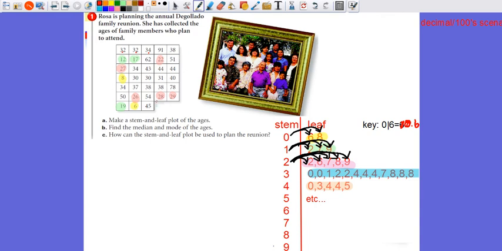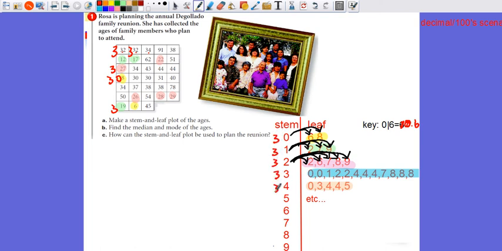Now, what if these were all 300s? So 332, 332, 327, 308, 319. All of these were 300s. Then all of these would also be 300s, would be 30s here.